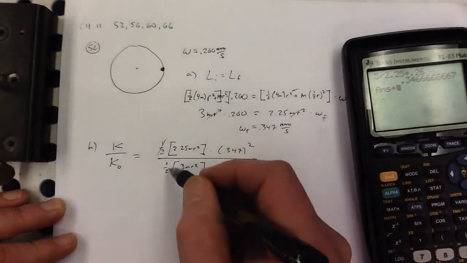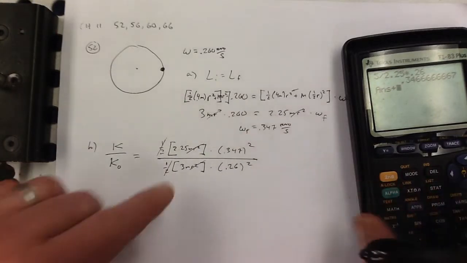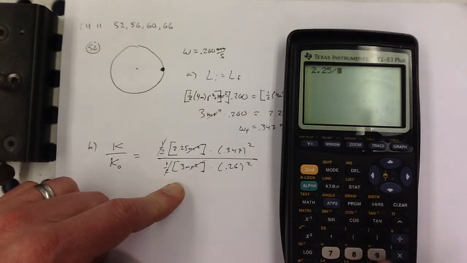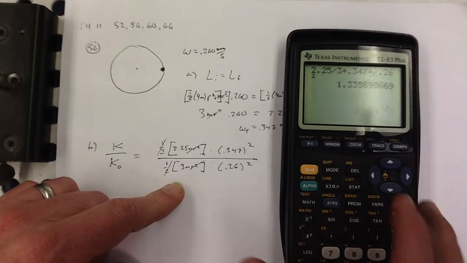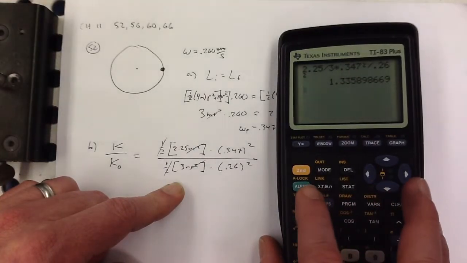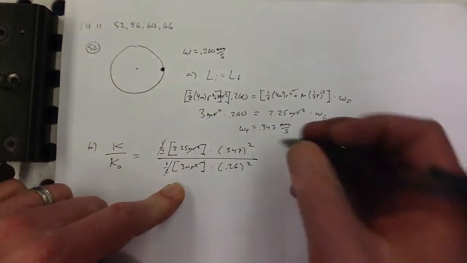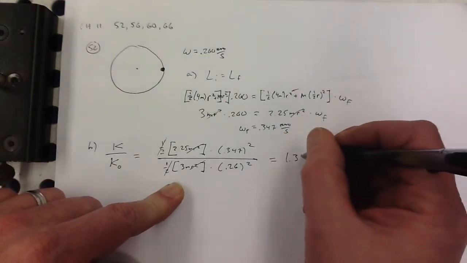So the halves cancel and the m r squareds cancel. I get 2.25 over 3 times 0.347 squared over 0.26 squared. So about 1.336, 1.34, something like that. That ratio is 1.34.